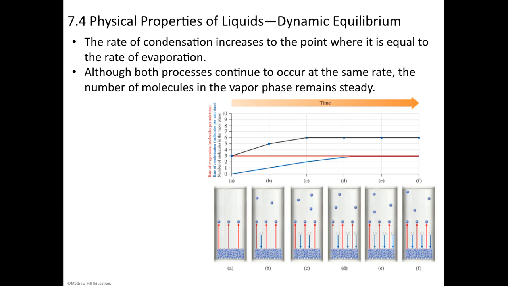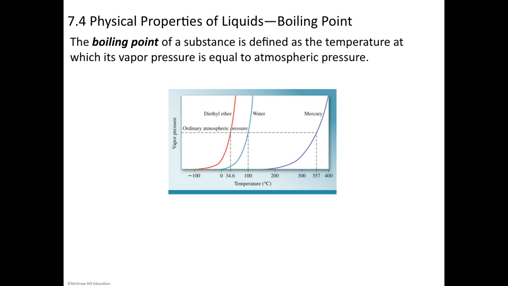And that is temperature dependent. As we increase the temperature, on the x-axis here, the vapor pressure goes up. You can see this is just for different liquids. When vapor pressure equals the atmospheric pressure, that's when a substance boils. So when the vapor pressure of a liquid equals the atmospheric pressure, that is when things boil.